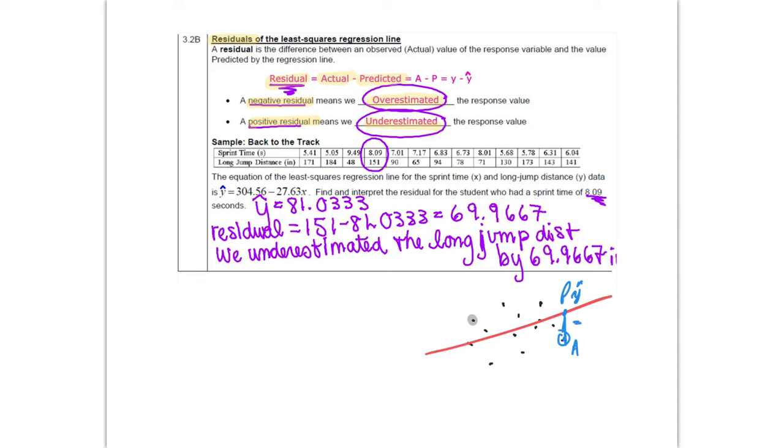This value is negative because actual is less than predicted. Here we have another y hat, and we have a different actual bit of data and our predicted value. Because the actual bit of data is larger than our predicted value, our residual is positive.